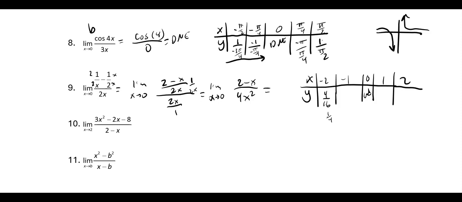Now if you plug in -1, 2 plus 1 would be 3, and then -1 squared is 1 times 4 is 3/4. So we're getting bigger as we go this way. We're increasing towards infinity. On this side, if you plug in 1, 2 minus 1 is 1 over 4. You plug in 2, 2 minus 2 is 0. So it's just 0 at the top. But I'm still getting bigger. I'm going up to infinity. This side increases faster, but still I'm going to infinity.